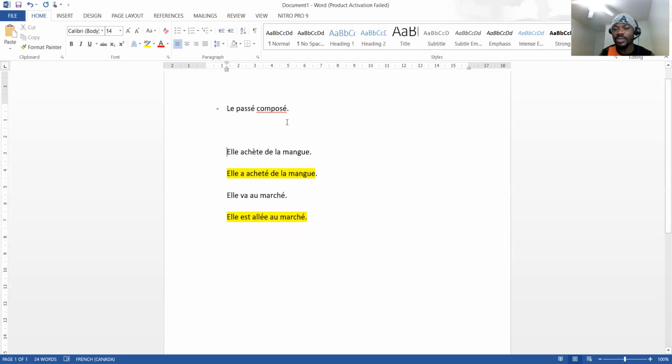So that's the one we are treating here, because we have le plus-que-parfait, we have le passé antérieur, all those ones, they are also past tenses. We have l'imparfait, they are also past tenses. But basically, at this level, you need to just know at least how to use le passé composé.